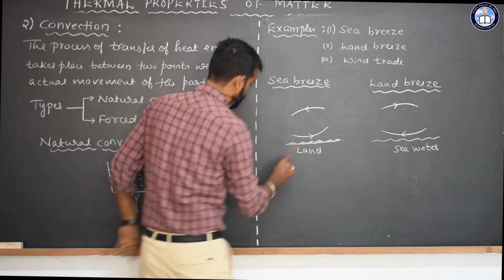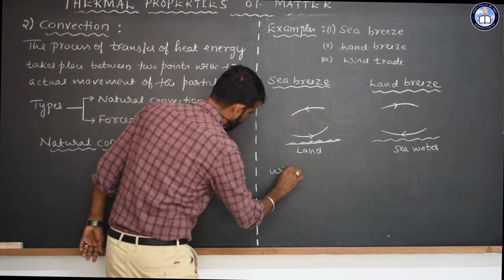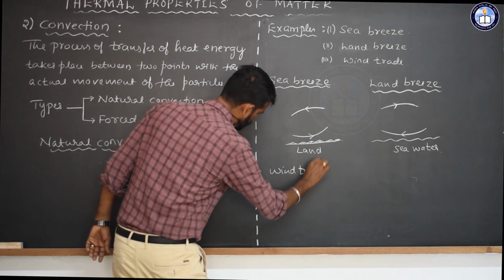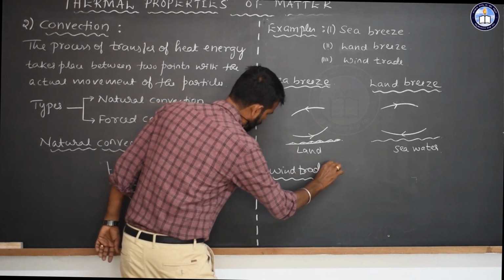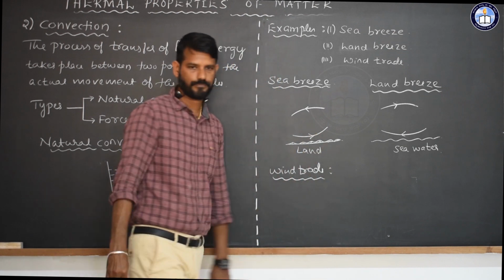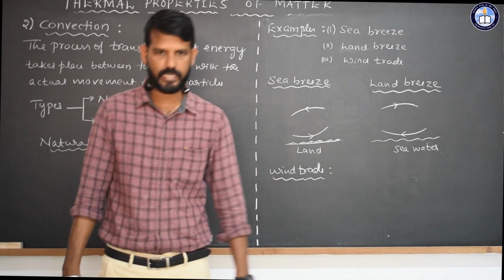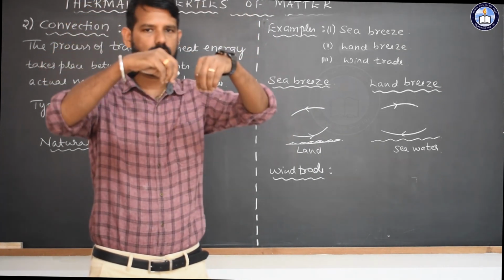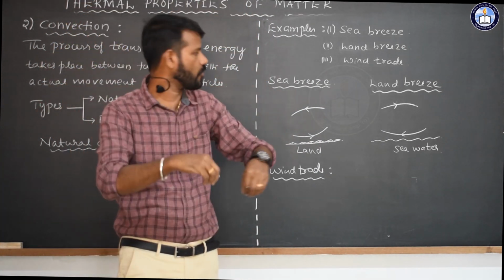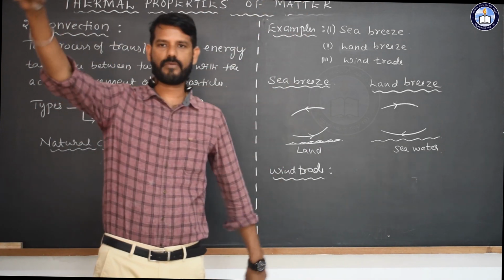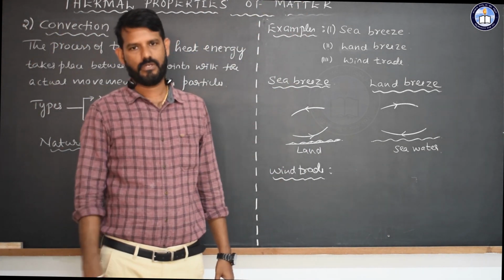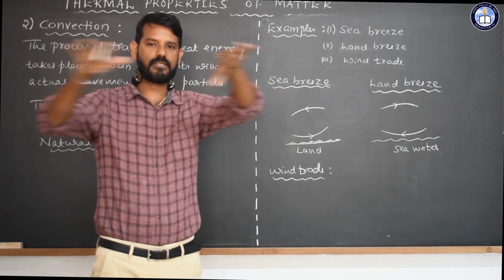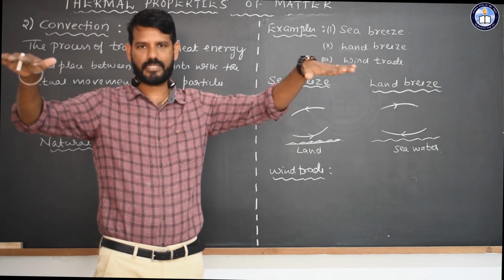Another one is the trade wind. This is another phenomenon here in the atmosphere. We know that the light that is coming from the sun falls on the polar region as well as the equatorial region. So the polar region is always somewhat cool, isn't it?